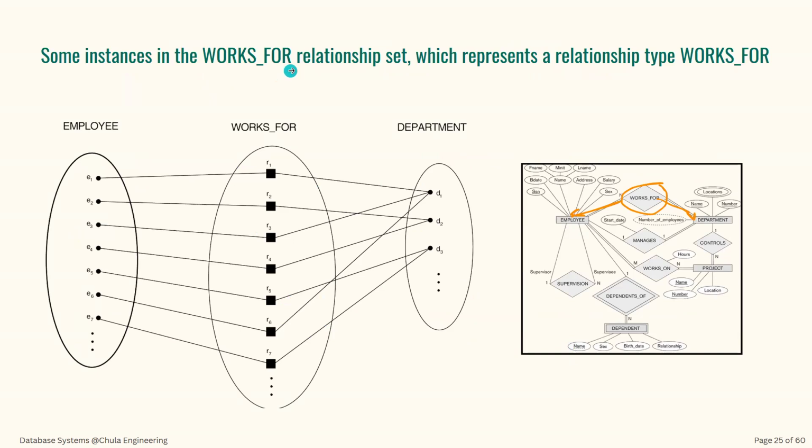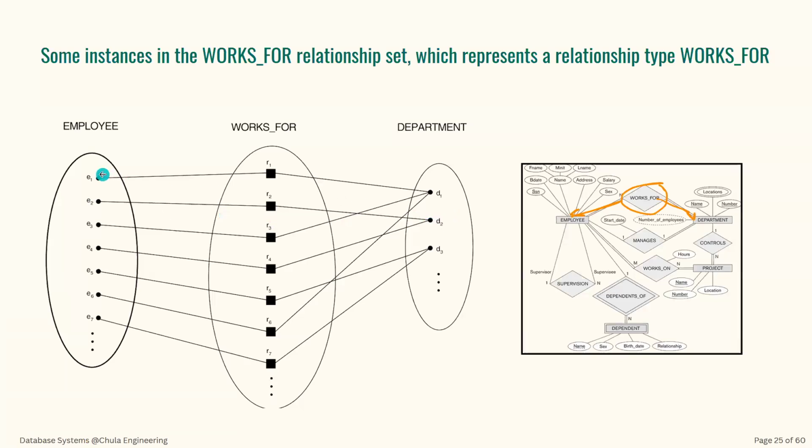In the works for relationship, which I circled on the right here, works for relates employee and department, right? You have employee on the left, department on the right, and we say that an employee works for a department. If you look at the possible instances here, employee E1 works for department 1, employee E2 works for department 2.